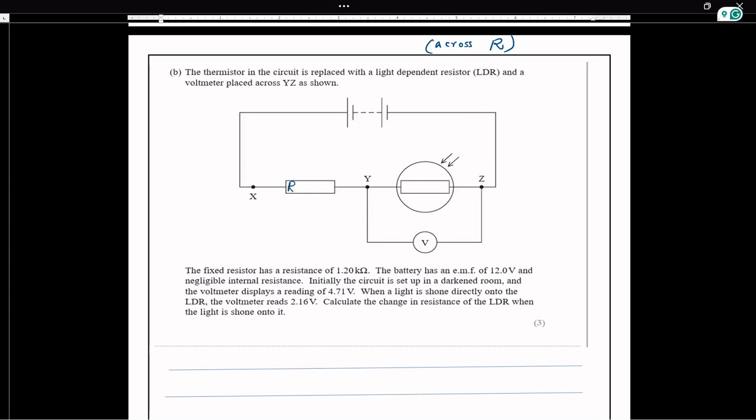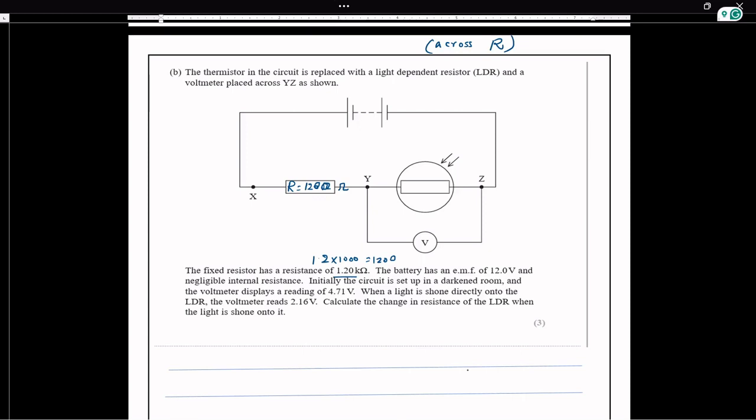So it is 1.2 times 1000, so R is 1200 ohms. 1.2 kilo ohms or 1200 ohms.